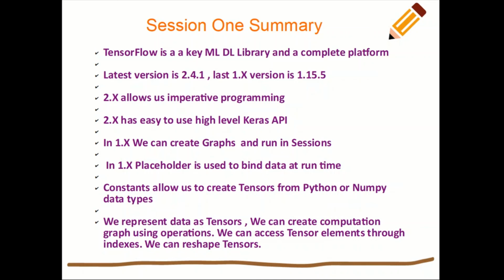They also have attributes like shape, size, dimension, rank, and we can create a computation graph using operations, and we can access tensor elements through indexes, and we can reshape tensors. That's pretty much what we learned in session 1.